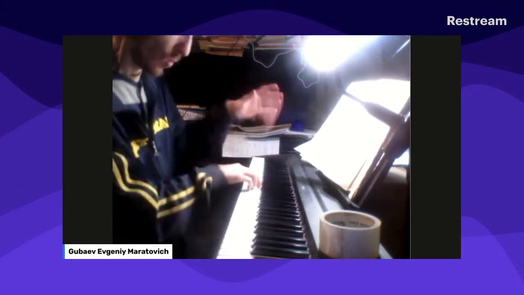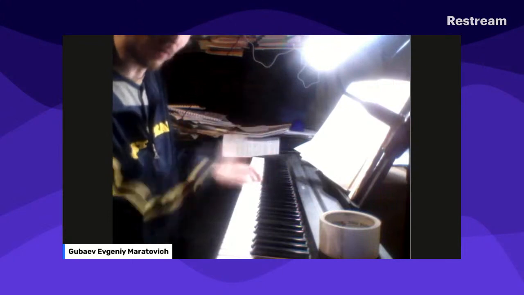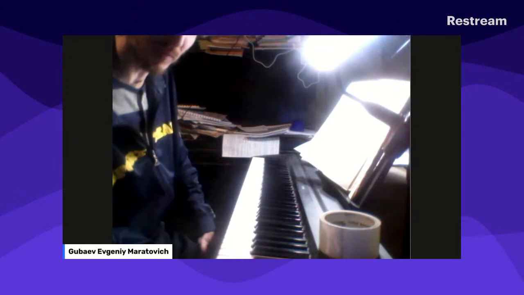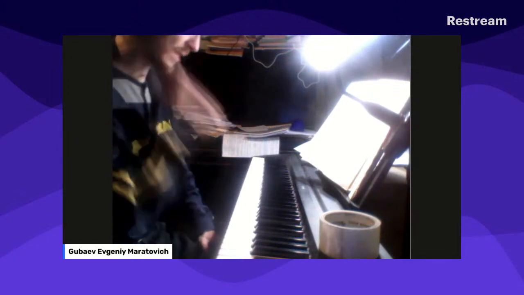Everything is equal. 1, 2, 3, 4. Equal value of notes. We have minims only in the ending. Hopefully you understand.